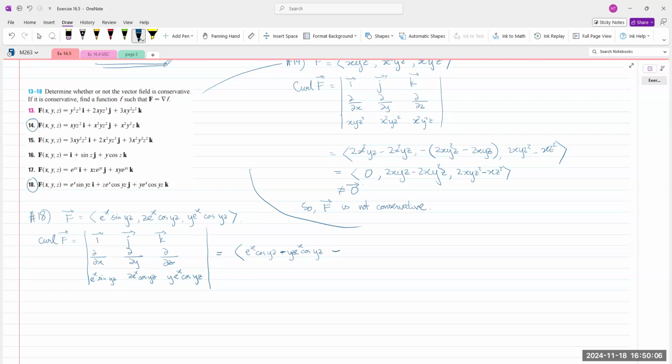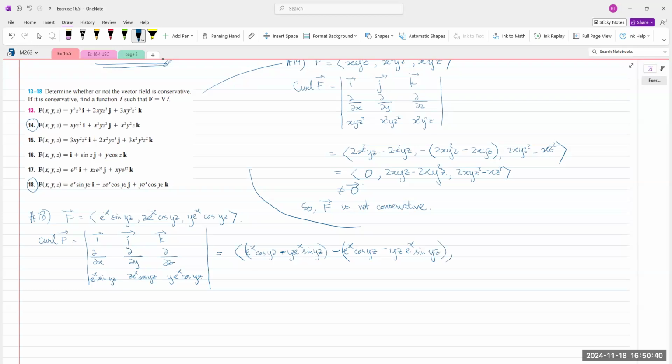Minus the derivative of Q with respect to z, there will be e to the x cosine yz, and then minus yz, it should be sine, not cosine. It should be sine here: e to the x sine yz. Oh, that will become 0. That's the first component.